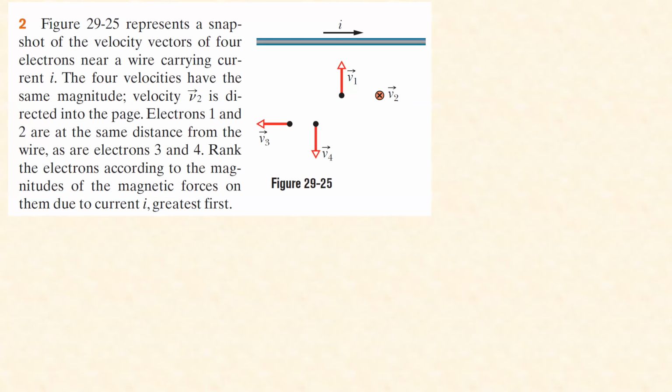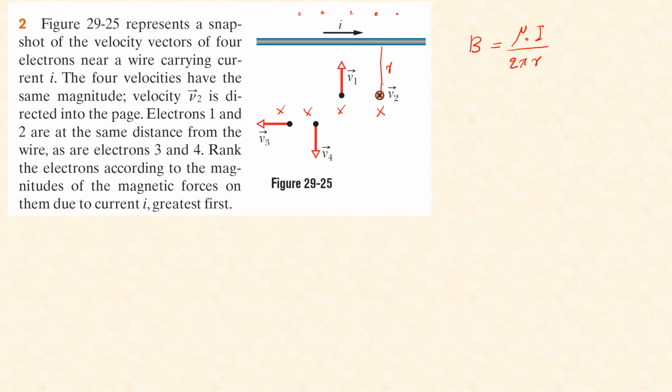First of all, remember, the magnetic field is circulating around the wire. So it's coming out above the wire and it's going into the page below the wire everywhere. So this is the direction. The magnitude of the magnetic field of the wire is mu naught I over 2 pi r. It means it depends on the distance.